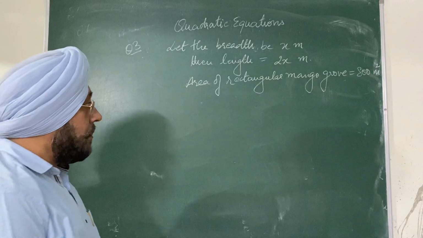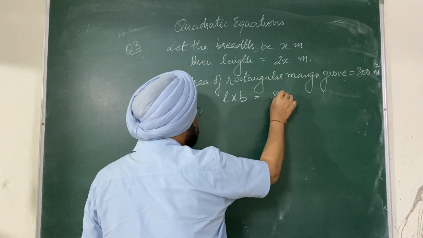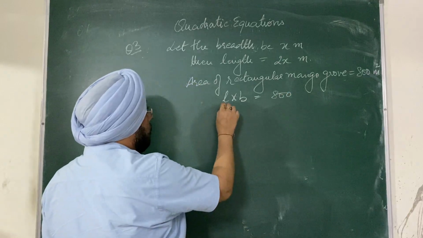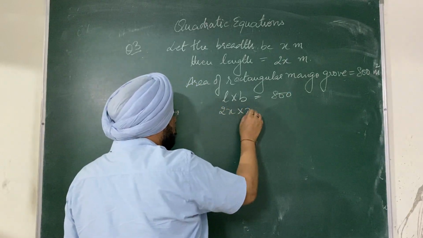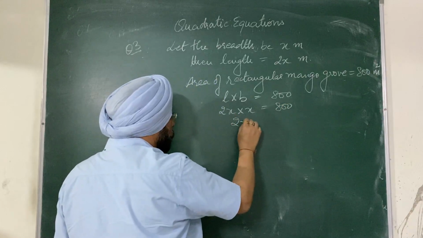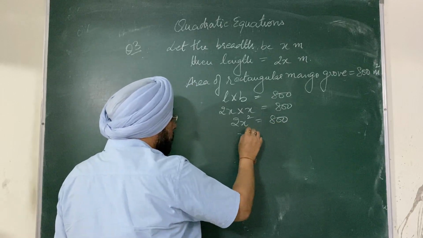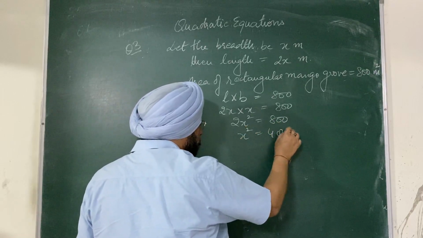Now we know that the area of a rectangle is length multiplied by breadth, which is equal to 800. Length is 2x, breadth is x, this is equal to 800. We get 2x square equals 800, or we get x square equals 400.